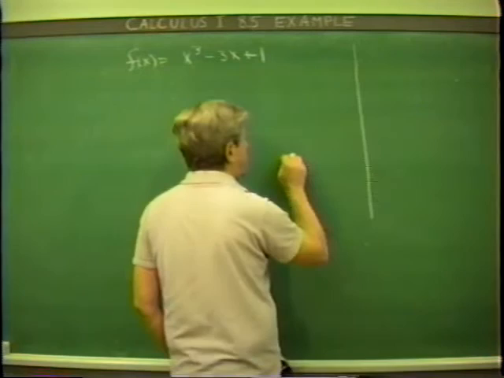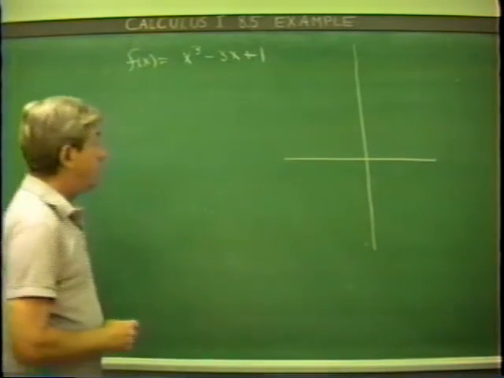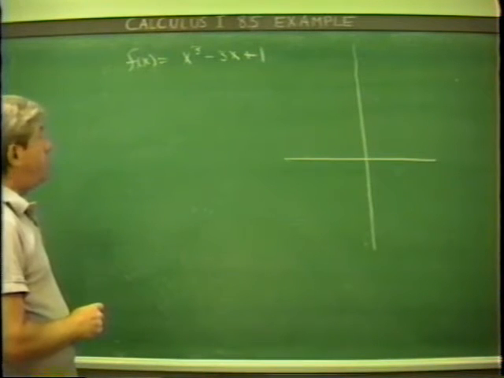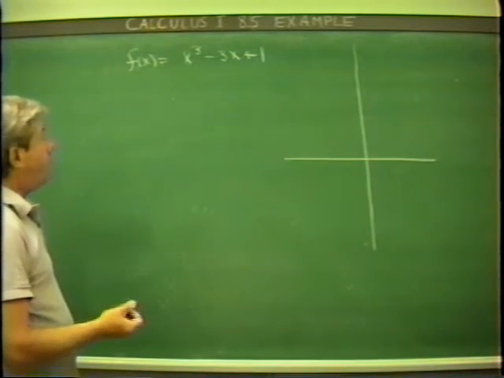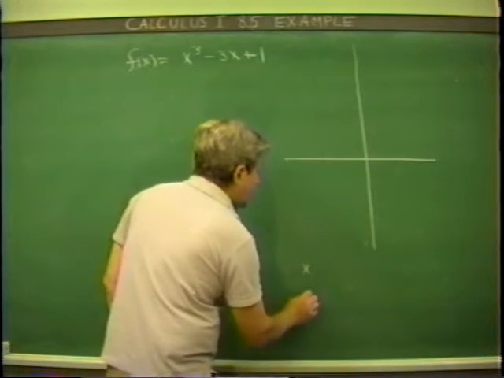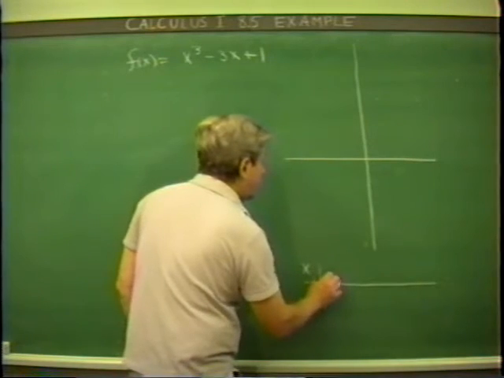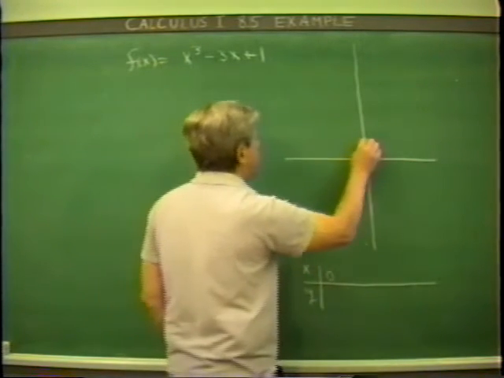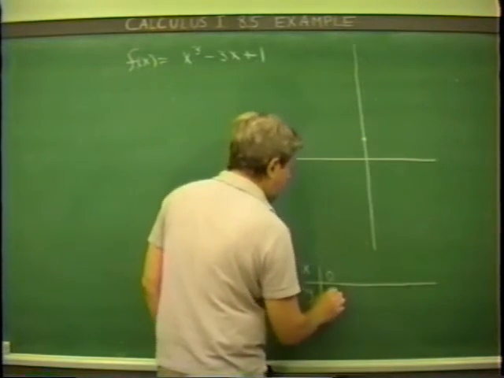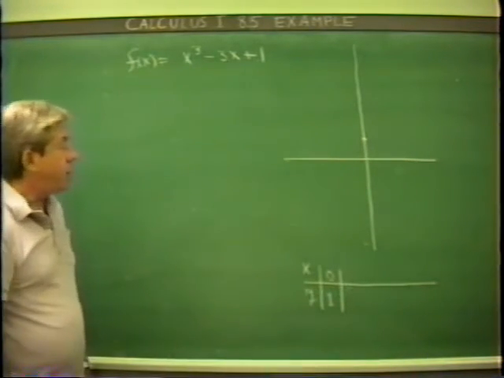The basic idea is that we wish to plot the graph of this function. An easy point to plot would be when x is equal to 0, because then the function is 1. So at 0, the value of the function is 1.